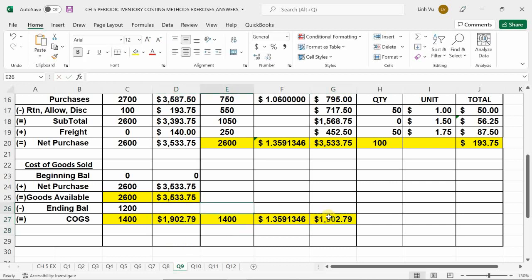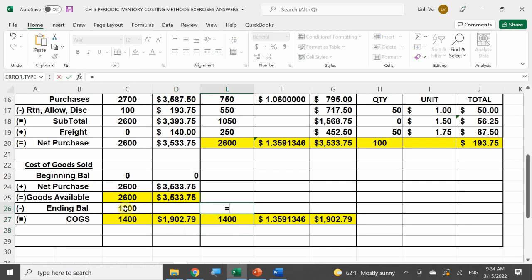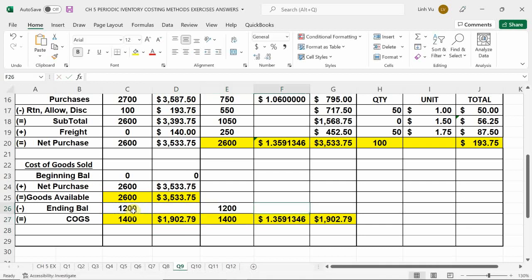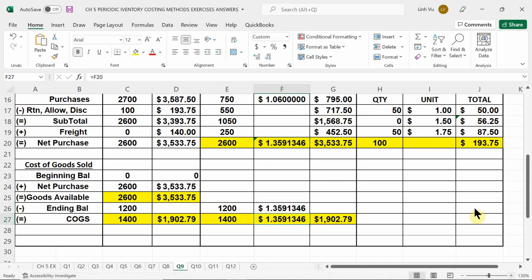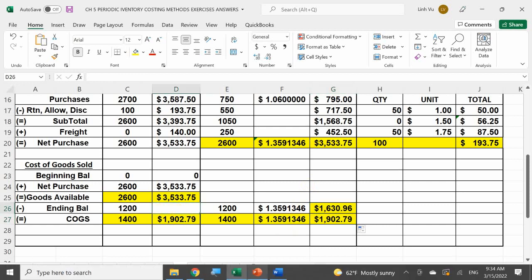And of course, let's say I decided to just solve for my ending balance, right? I would get this number here, and this number could easily be solved here. Okay. All right.